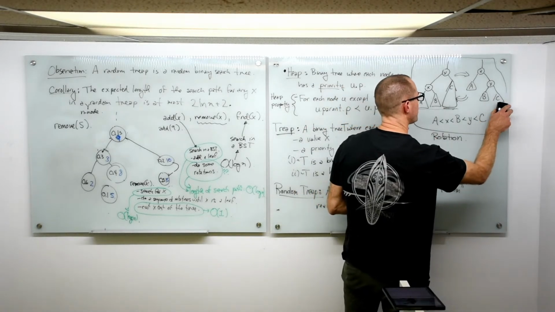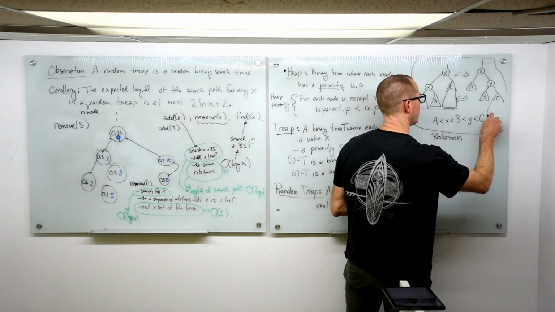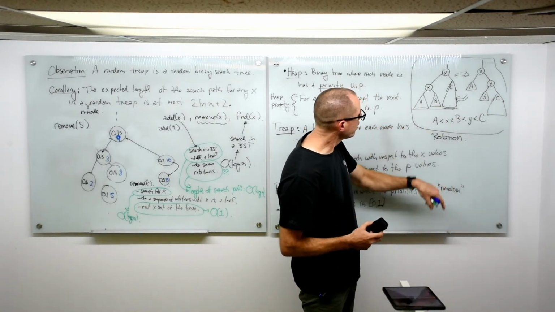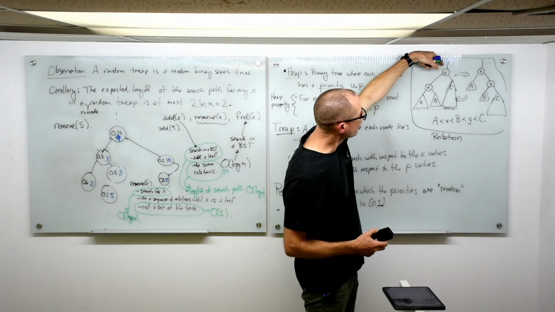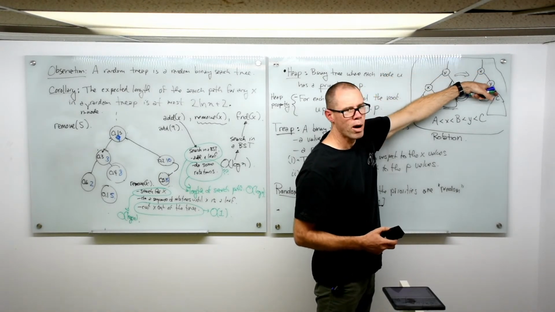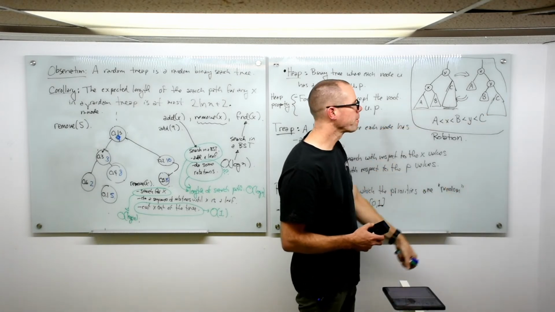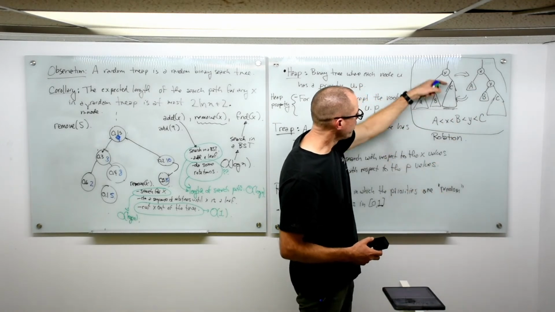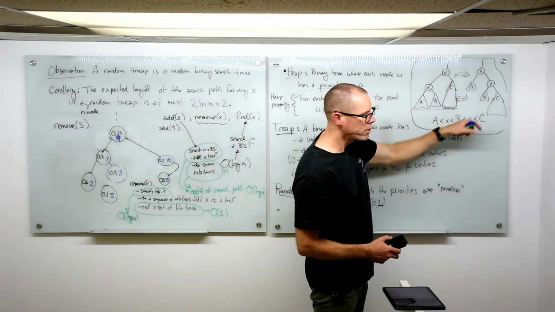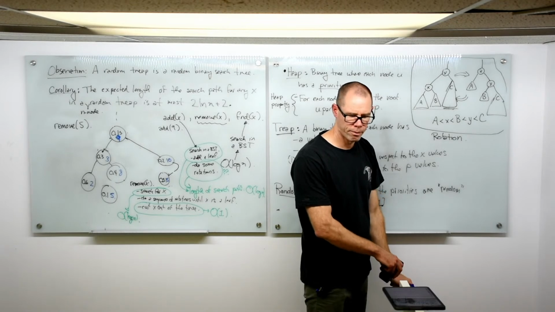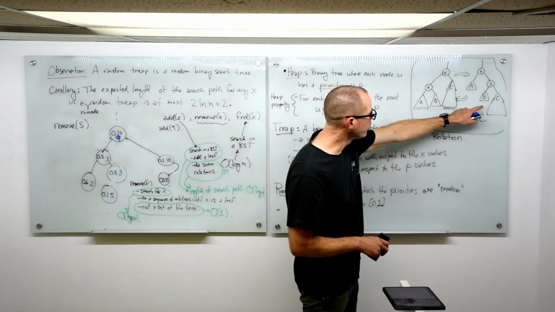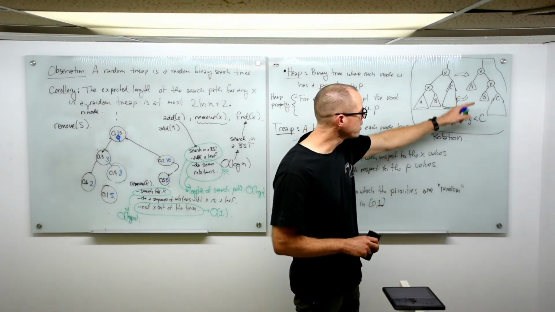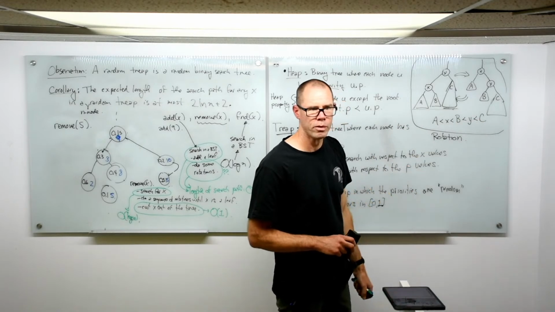And if I look at what happens after I do the rotation, the height increased, right? To get to C, I used to only have to go through Y. Now I have to go through X and Y. So the height of C increased by 1. And so, yeah, Y is trying to get down to the leaves, but in this rotation, the leaves are somehow running away from Y. So that's not a good argument to say that it's even the height of the tree, because the height of the tree could keep increasing every time you do a rotation.